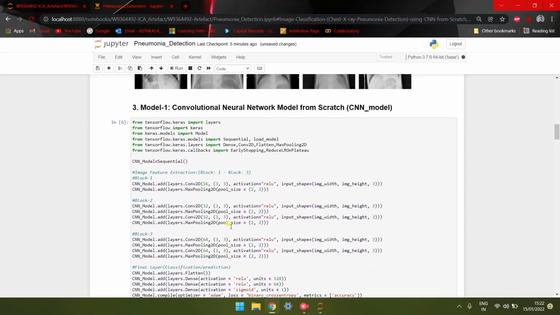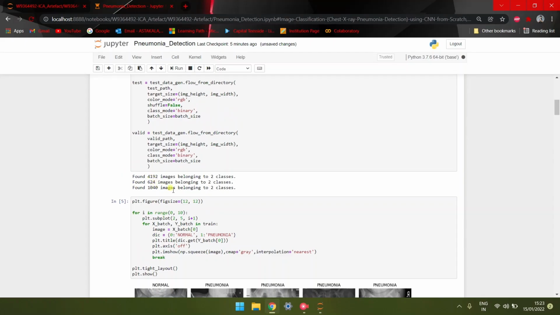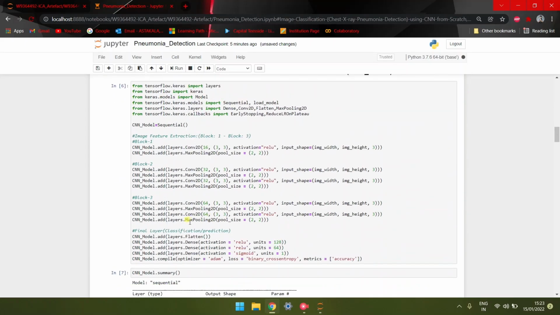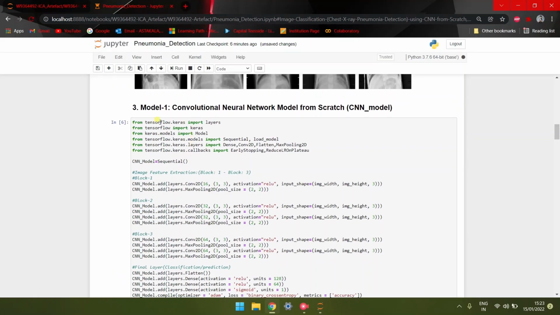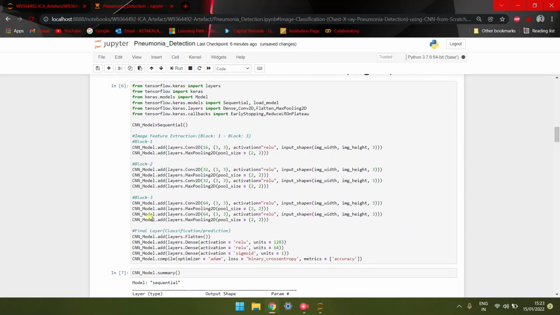Model 1 in this project is a convolutional neural network, built from scratch. We need to build our model and train it according to our data set. This is the model structure outline. I built it in three blocks with convolution and max pooling layers, followed by the classification part, which is flatten and dense layers.